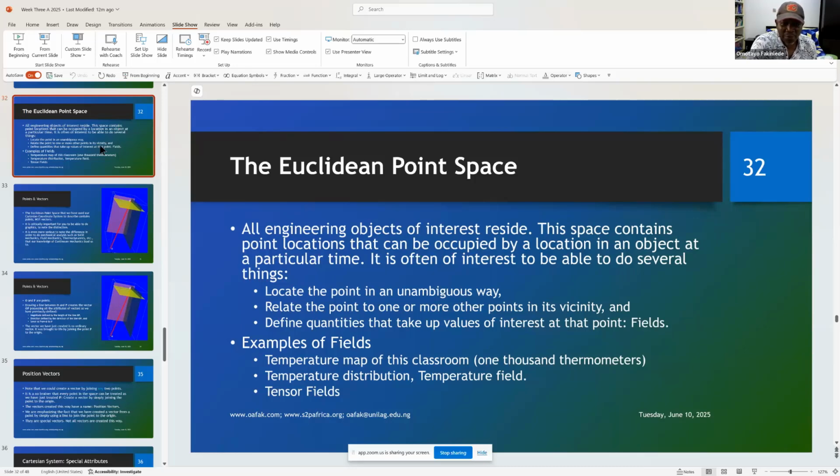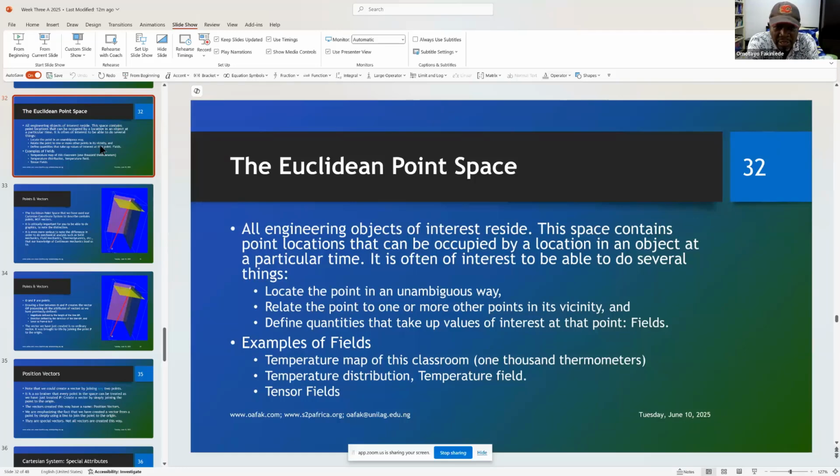Number one, can we locate a point in an unambiguous way so that when I say this is point 387, all of us agree that it is point 387 and there is no argument? If there's a way in which we can define the point in such a way that we all agree we are referring to the same point.